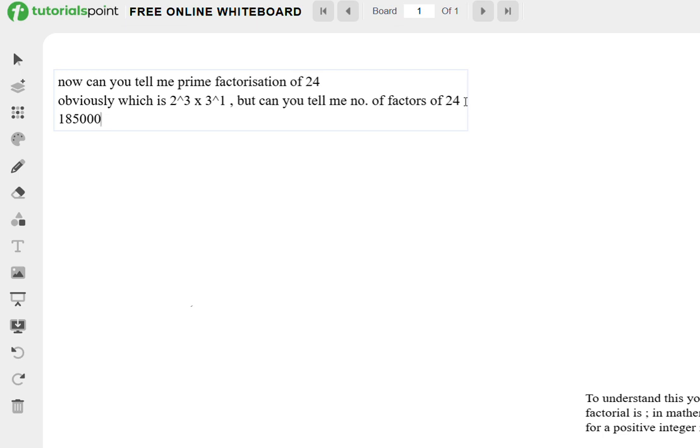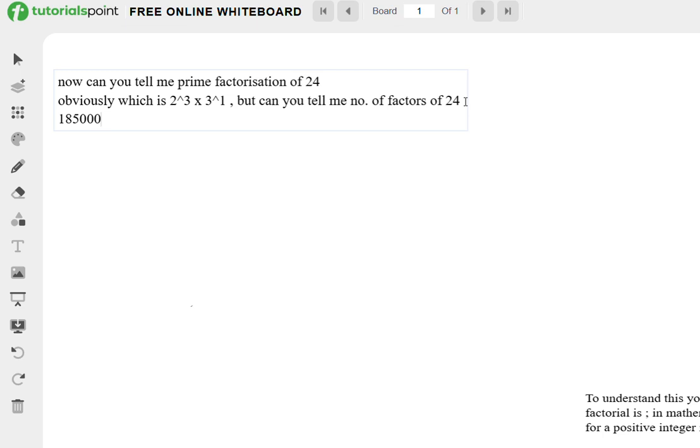Now tell me the number of factors of this number. Will you be able to tell it in seconds? No, right? But with one simple theorem, you can tell the number of factors of any given number if you can prime factorize it.